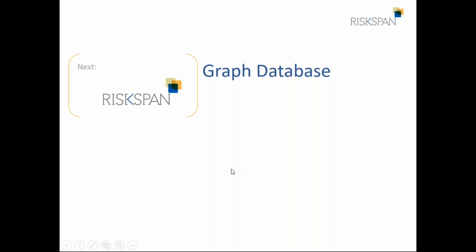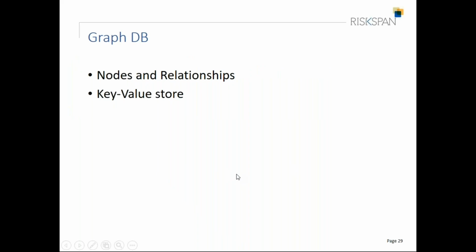So I want to briefly start with an overview of graph database technology. It's pretty straightforward, but it is a newer concept. So rather than having a traditional relational database where you have data in sort of a table format like an Excel spreadsheet, you have nodes and relationships. And relationships are also called edges, if you ever hear that terminology.